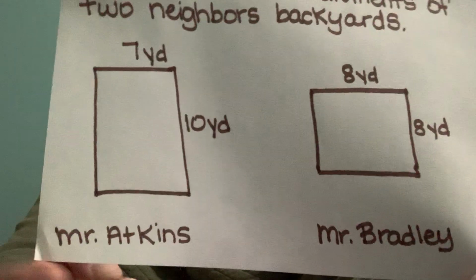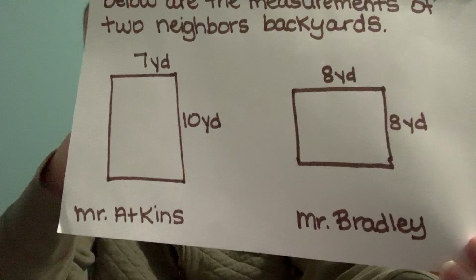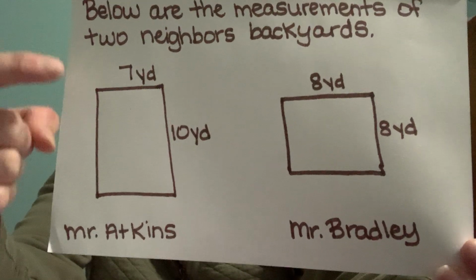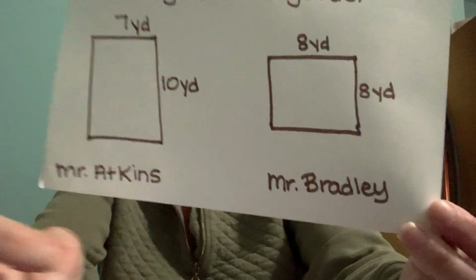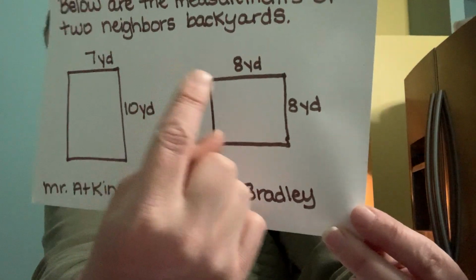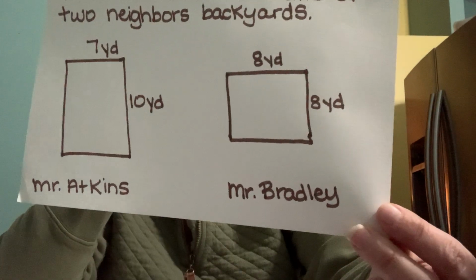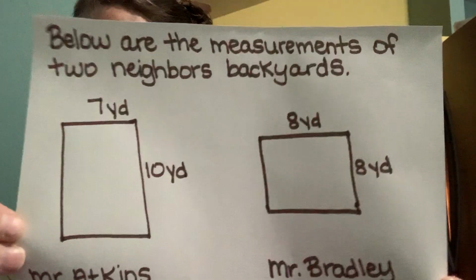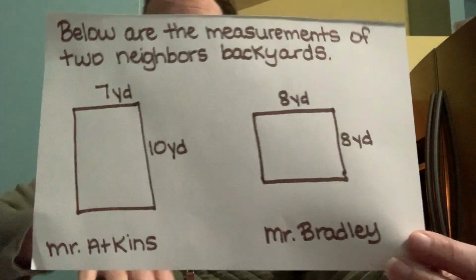So as you can see, I have Mr. Atkins' yard and Mr. Bradley's yard. And Mr. Atkins' yard measures 7 feet long, 10 feet wide. Mr. Bradley's is a square. It measures 8 yards by 8 yards. So this is my visual picture of it.